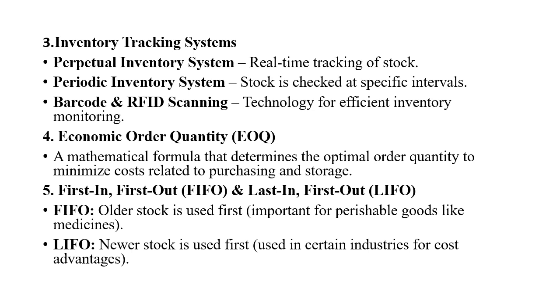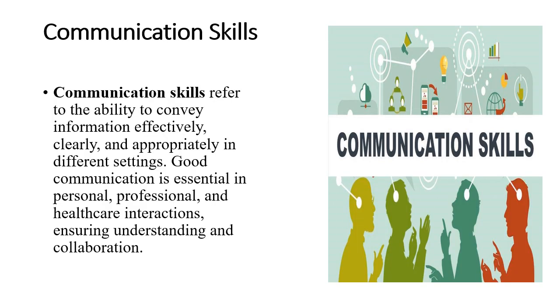First in, first out, FIFO, and last in, first out, LIFO. FIFO means older stock is used first, which is important for perishable goods like medicines. LIFO, newer stock is used first, used in certain industries for cost advantages.